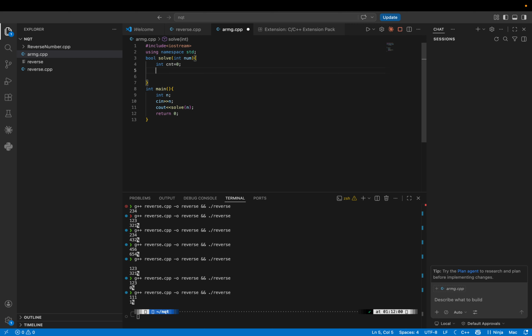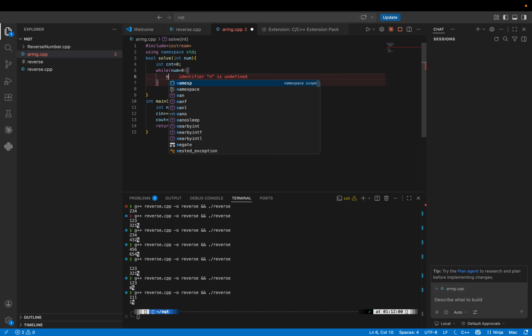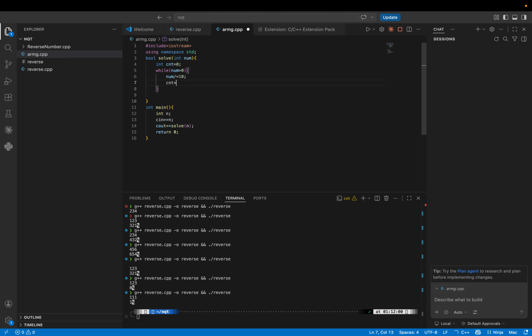And count is 0 while our num is greater than 0. I should just divide it, because right now I just need the count. So I'll keep on dividing it, and I'll go on increasing the count.